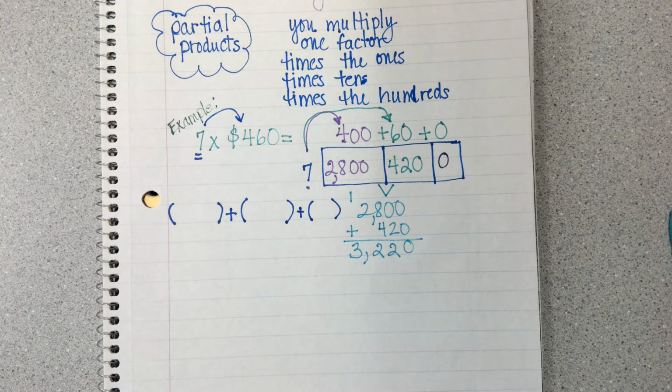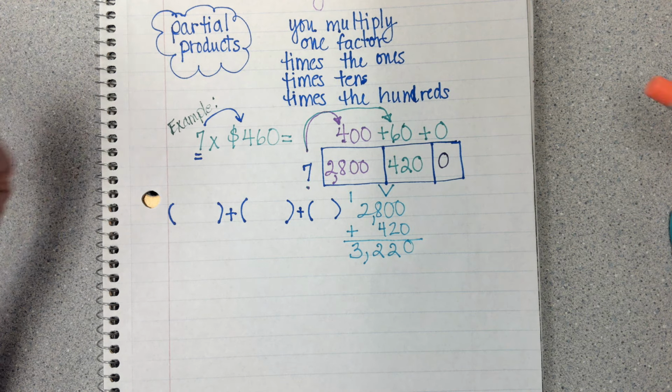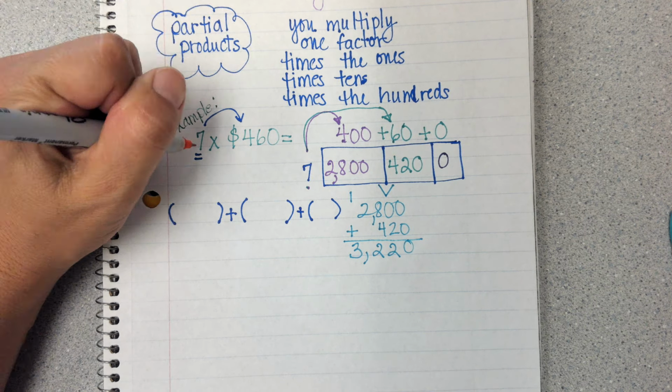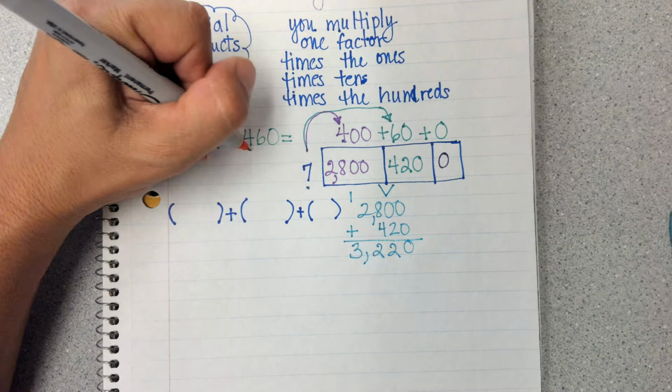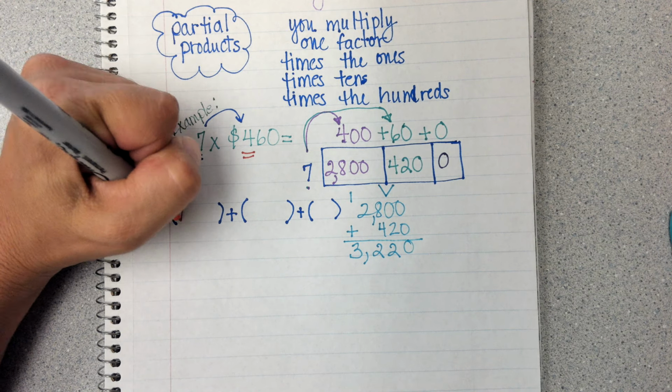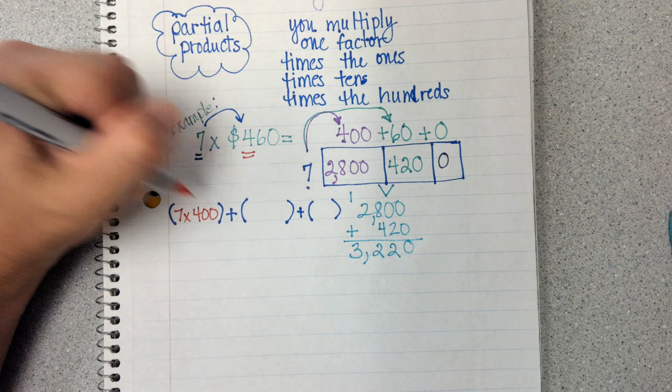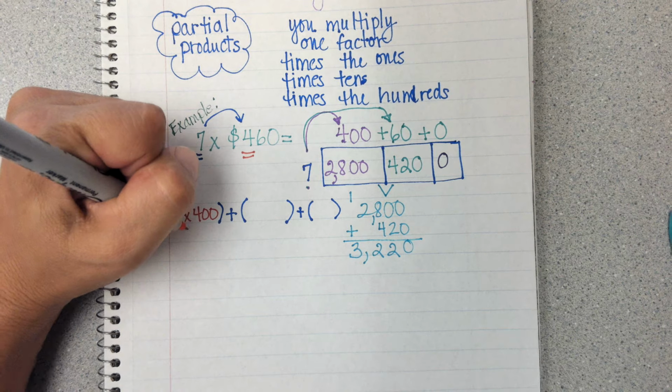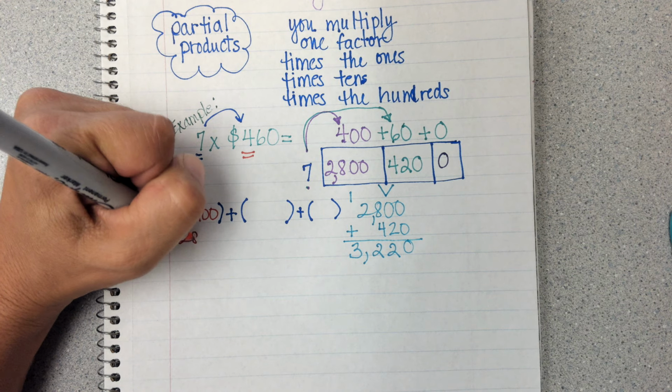Need a little more color here. So 7 times 400 is written here. We already know the answer. That would be 2,800.